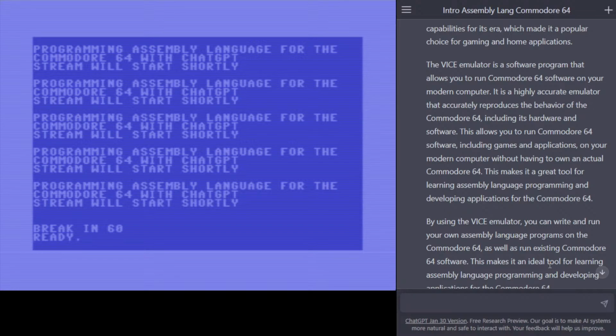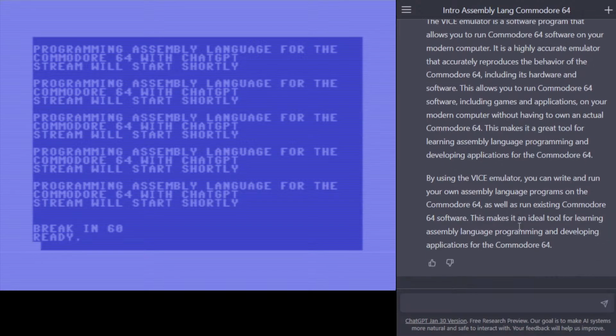This makes it a great tool for learning assembly language programming and developing applications for the Commodore 64. By using the Vice emulator, you can write and run your own assembly language programs on the Commodore 64, as well as run existing Commodore 64 software. This makes it an ideal tool for learning assembly language programming and developing applications for the Commodore 64.